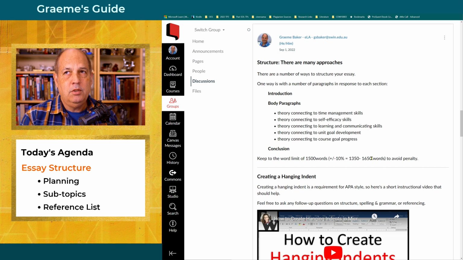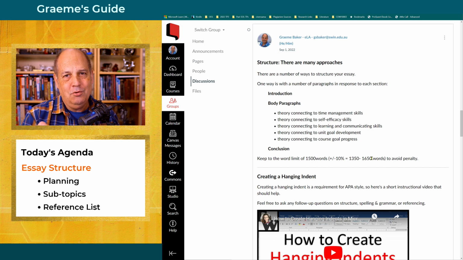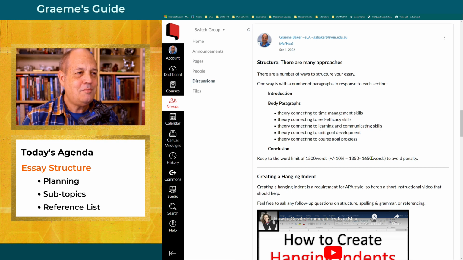And it's probably in your conclusion, so it wouldn't be a huge penalty. You're not going to lose a lot of marks, although it requires a conclusion. So structurally, you need to fit your conclusion within the 1,650 words. Otherwise, you may lose marks for structure if we can't mark your conclusion.